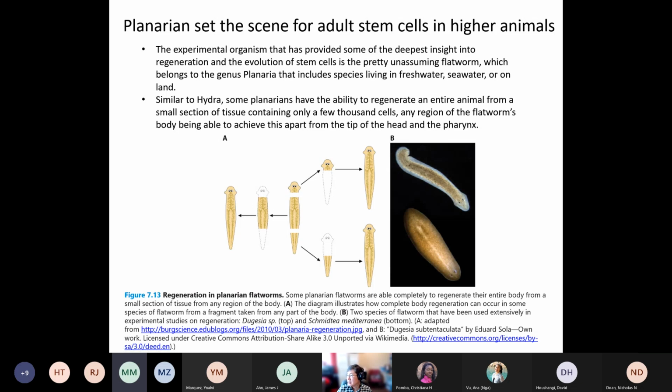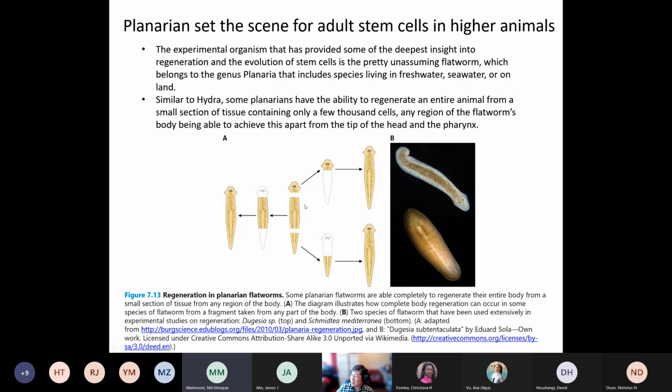Sorry to interrupt, but I have a quick question. So if they have their middle part, they can grow their head and tail. Yes. So even though their head is gone or tail is gone, as long as they have their middle part, they will be able to grow their head.